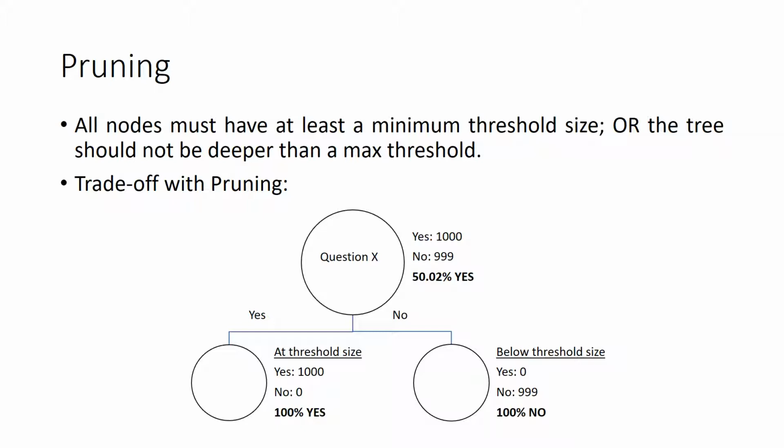Let's say again that the question X is a very awesome question and it splits very cleanly, and all the output label yeses go to the left child. So you would see that 1000 yeses are going to the left child, and all the output label no's are going to your right child.